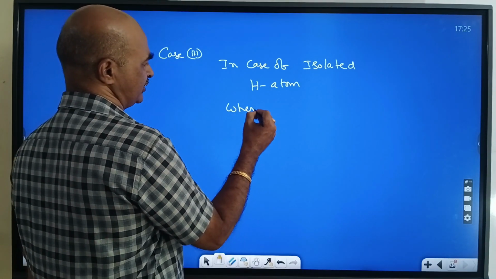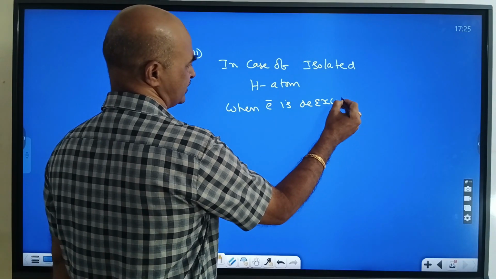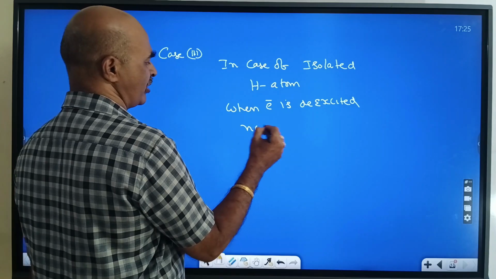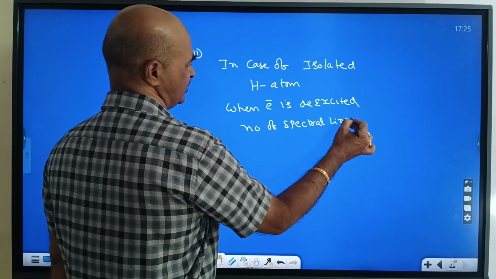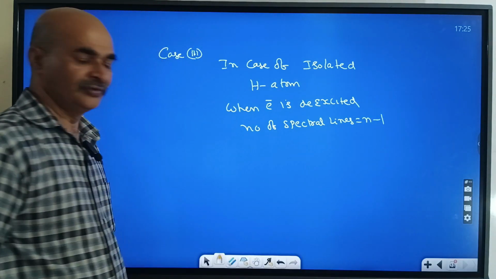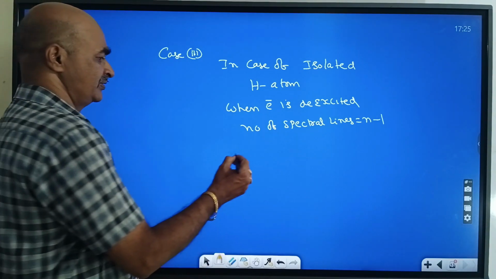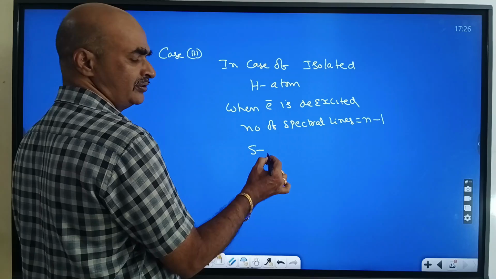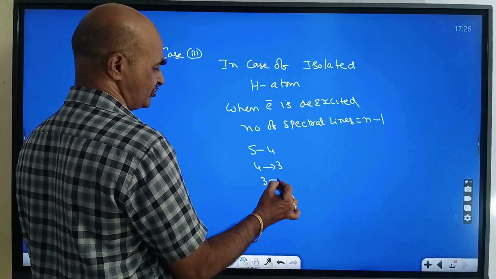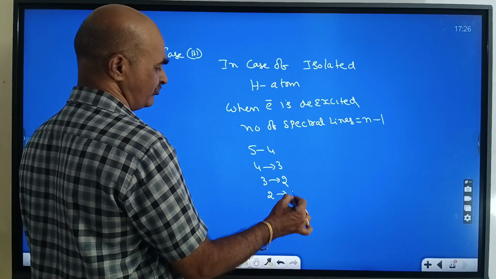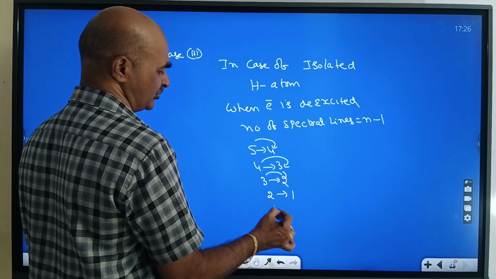when the electron is excited and de-excited, the number of spectral lines is equal to n minus 1. For example, the electron present in the fifth orbit: 5 to 4, 4 to 3, 3 to 2, and 2 to 1.